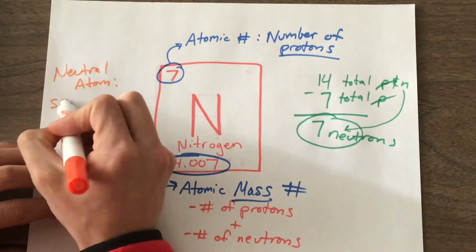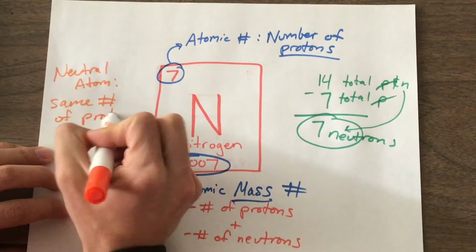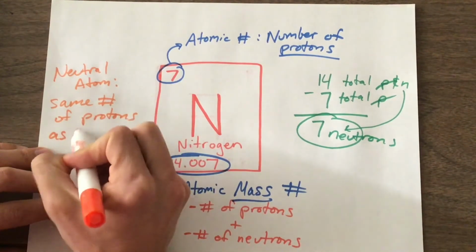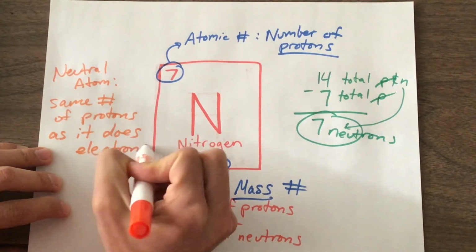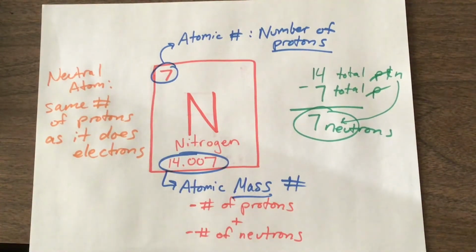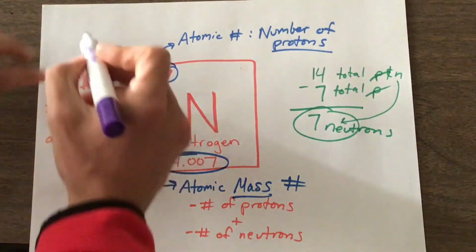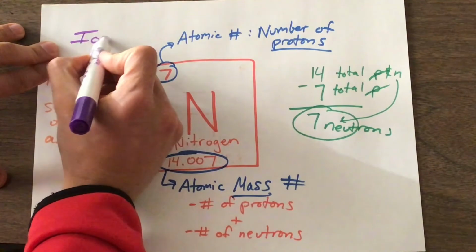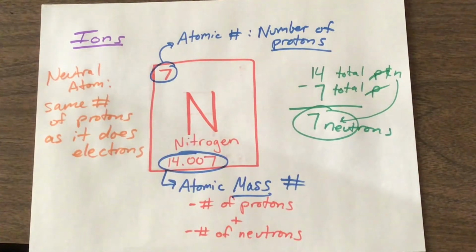It has the same number of protons as it does electrons. You'll remember whenever electrons are gained or lost, this is kind of a little bit of a review. Do you remember ions? That's when electrons are gained or lost.